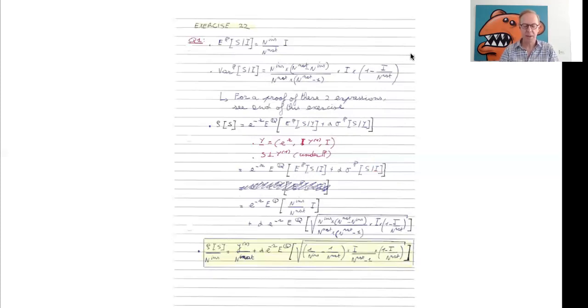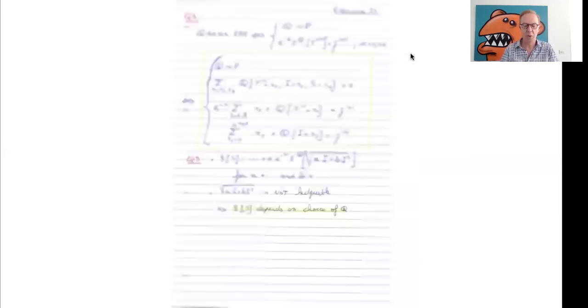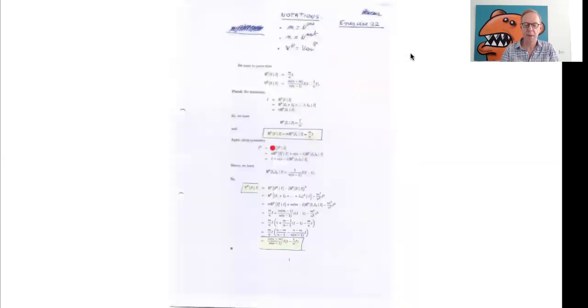And then you can prove that this is equal to, now we need to have an expression for expectation of S given Y and the standard deviation of S given Y. Well, these expressions are given and can be derived. They are shown here. Expectation of S given Y is equal to this expression, and the variance of S given Y is given by this expression in a general case.